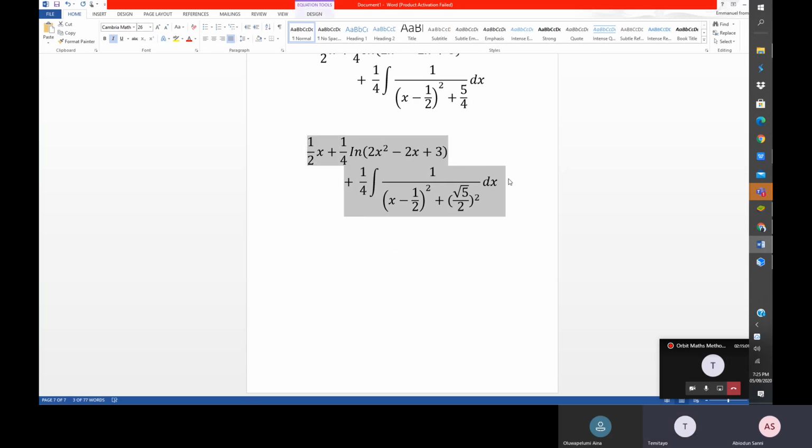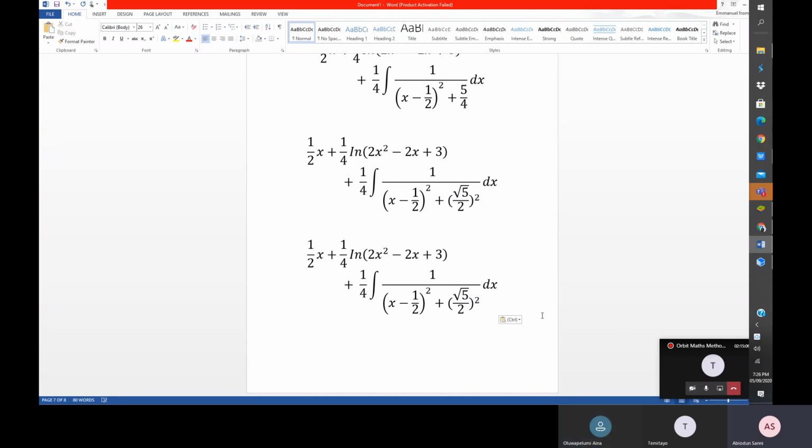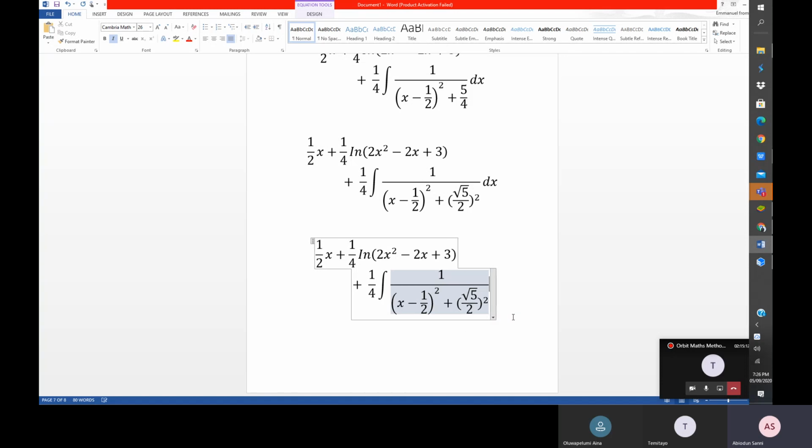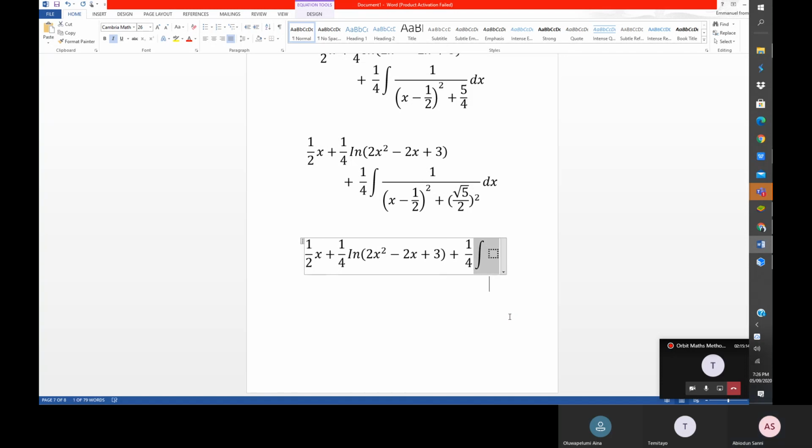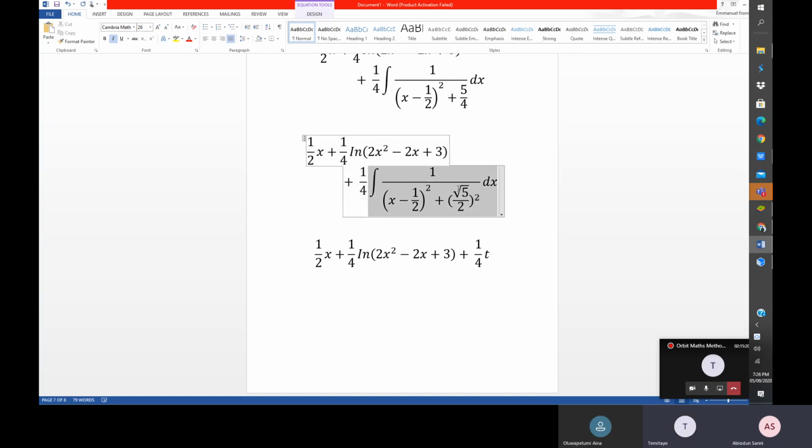Is she with us now? Yeah, she's with us. So this is going to give us arctan, tan inverse. So the integral of this is now arctan.